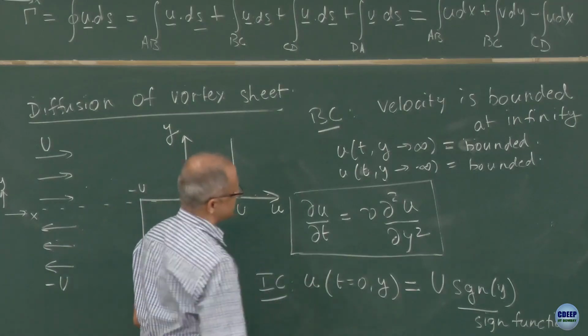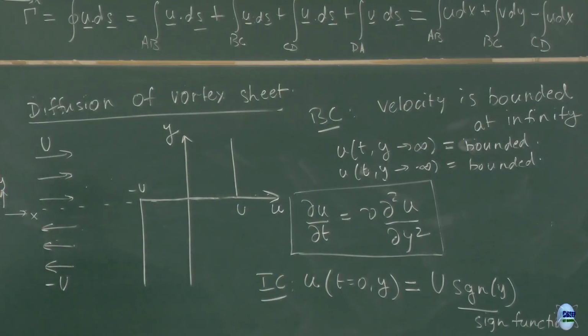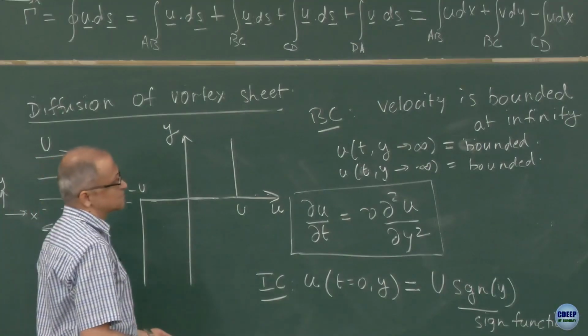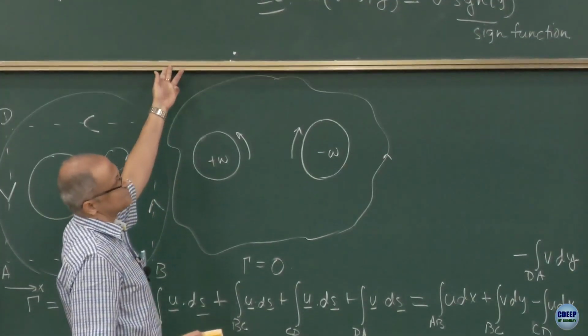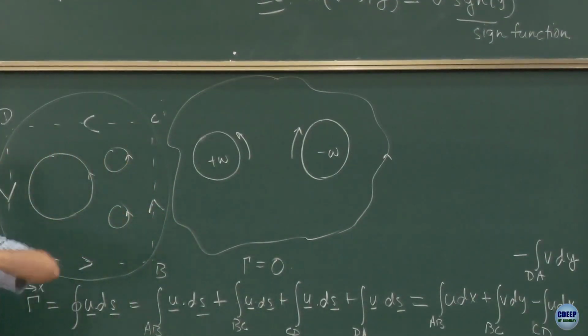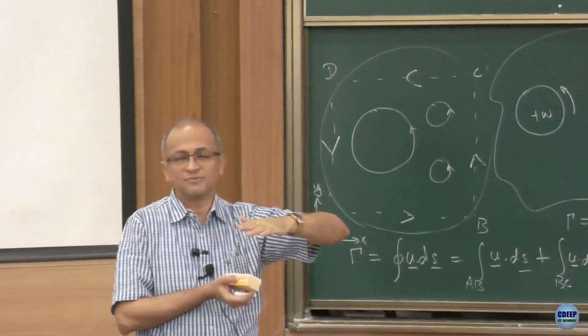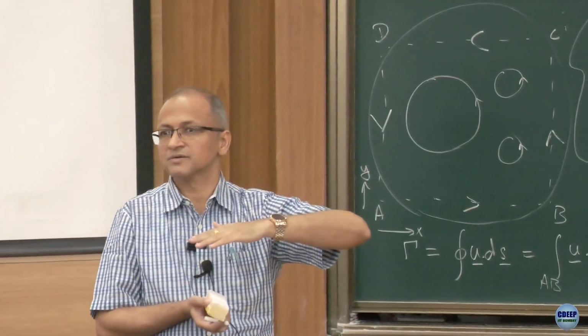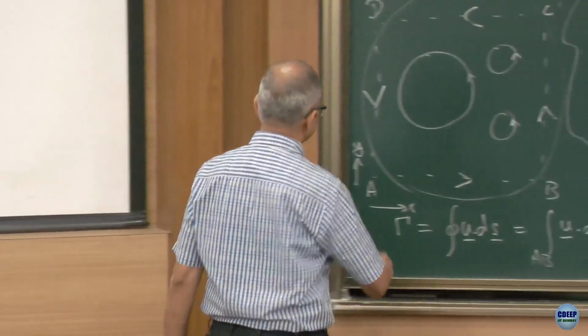We have already said that there are no natural length scales or time scales in this problem. So that means that one can look for a similarity solution. And the similarity variable we have already introduced earlier, in fact, very similar. In some sense, it is very similar to the suddenly starting plate problem. In that problem, at time t is equal to 0, you suddenly started the plate. Here you are saying that the gradient already existed at time t is equal to 0 because of the oppositely directed motions, and that's why you would like to see what happens now.